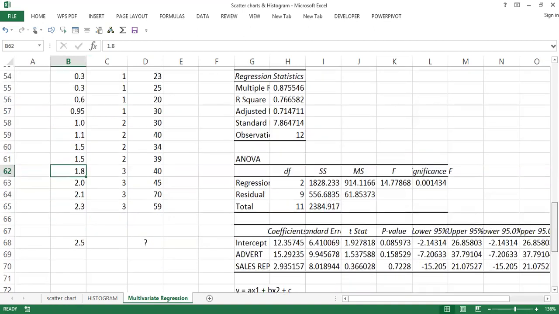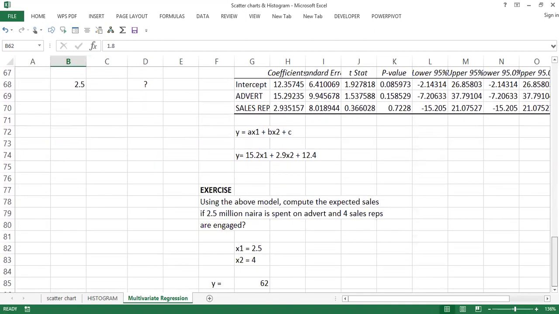So we are now trying to predict, if you engage 4 salespersons and spend 2.5 million, what sales do you expect the business to generate? We just slot in the values, 2.5 million here and the 4 salespersons here, and that gave us 62.